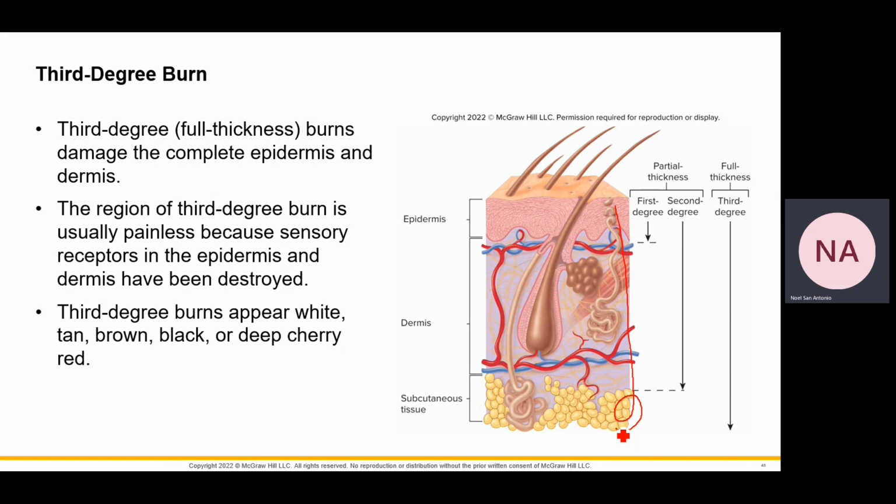Pati yung taba affected. At itong third degree burn, by the way, it can sometimes be painless. Bakit? Because even the nerve endings located here in the dermis are damaged.